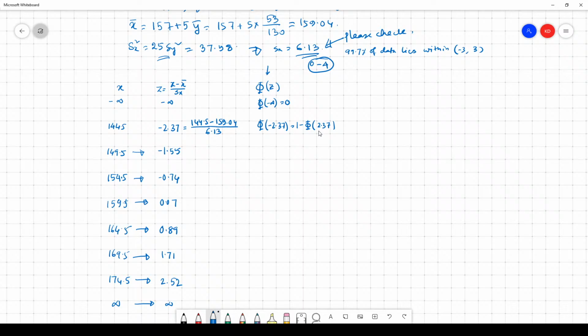For computing phi of 2.37, just go to the z table, first find z equal to 2.37, go horizontally corresponding to 2.37 and find phi of 2.37. Then 1 minus phi of 2.37 gives phi of minus 2.37, which is 0.0089.